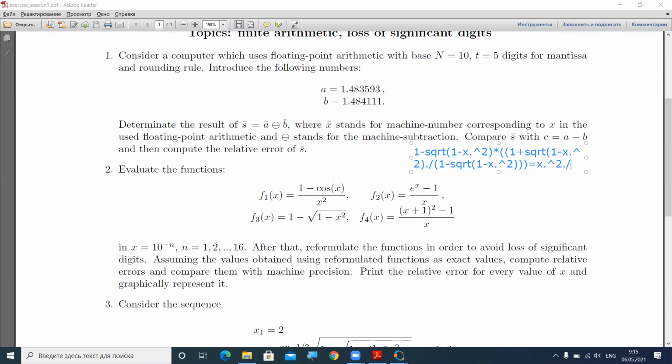And here brackets we'll put, and our expression has plus, so here also plus we have. Now with this expression we get the new function. It's algebraically equal to this function, but we reformulated the given form. Okay, now just copy this one and put it here.